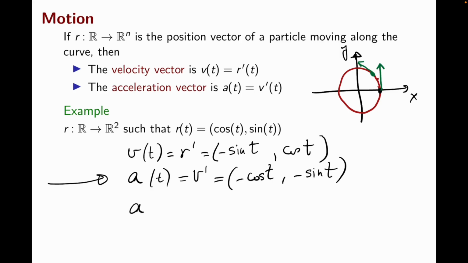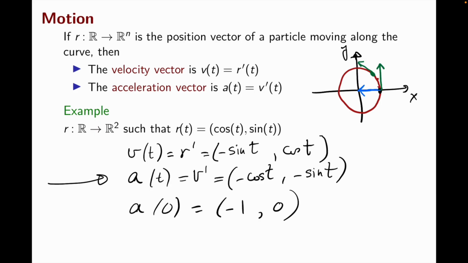For instance, the acceleration for the value 0 will be minus cosine of 0, which is minus 1, comma minus sine of 0, which is 0. So the acceleration vector will be (minus 1, 0) at that point. So let's paint here the acceleration vector. That will be a vector like this. So we have the velocity and the acceleration, and we can calculate the acceleration also at any point.